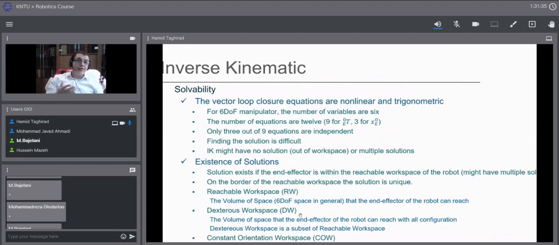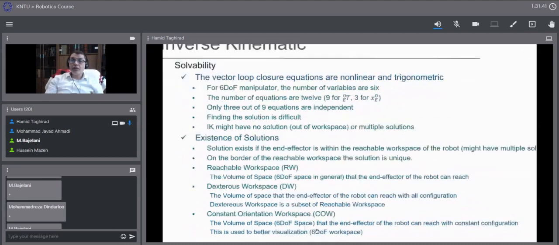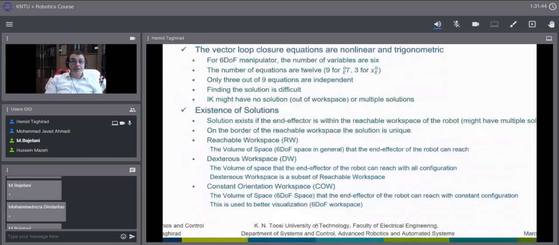Dexterity workspace, of course, is a subspace of the reachable workspace. And we have also a constant orientation workspace. When you want to visualize it, we call it kaw, constant orientation workspace. If you are looking for a kaw in a robot, it means the volume of space that you can reach with the end effector at that point, at least with a constant orientation.